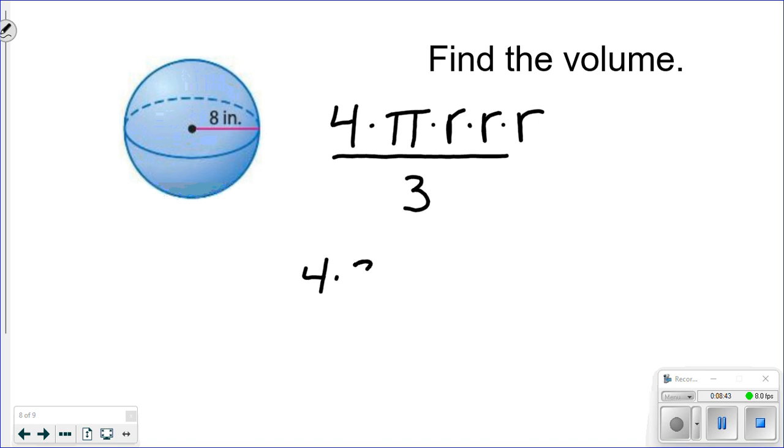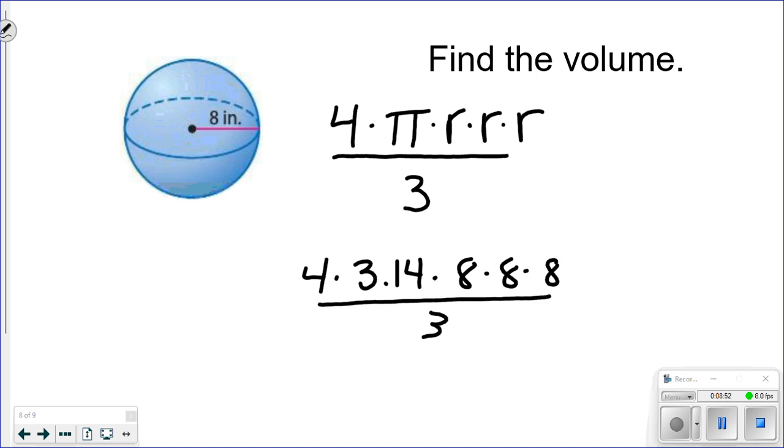So 4 times 3.14 times my radius is 8, so I'm going to do 8 three times, all divided by 3. So there's a lot of numbers going on here. Now after I put this in my calculator and round to the nearest tenth, I get 2,143.6 inches cubed.